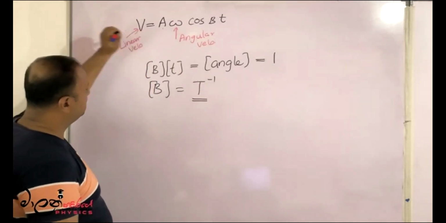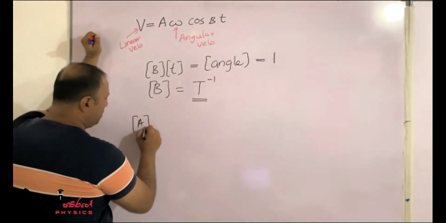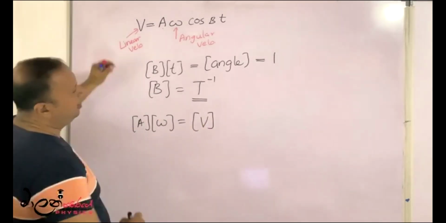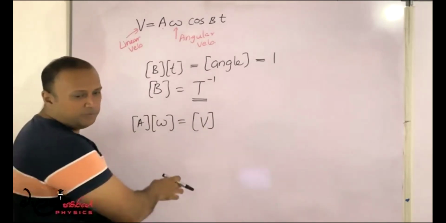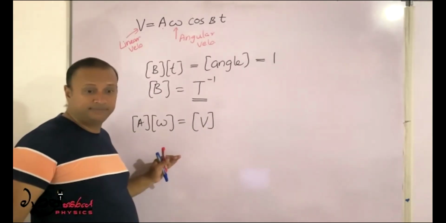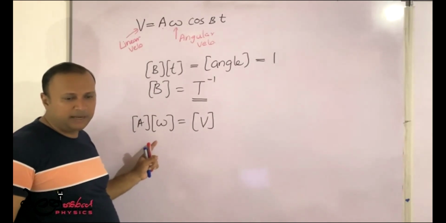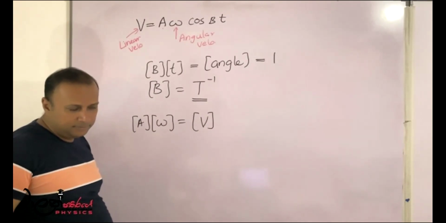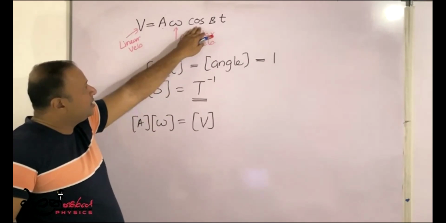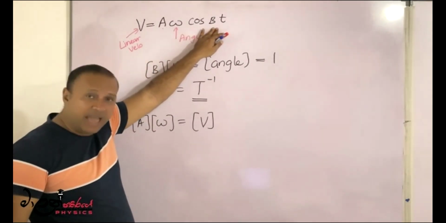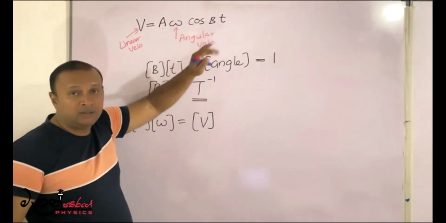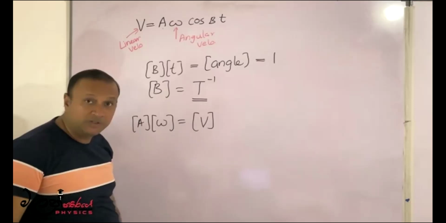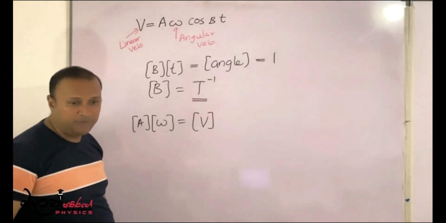Then again, A into omega is equal to the dimension of V. Cos BT. What is the argument based on this? Because cos BT is a trig function. Yes, very good. Because cos BT is a trigonometric function and a trigonometric function doesn't have a dimension.